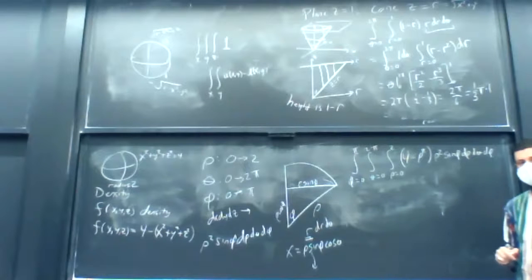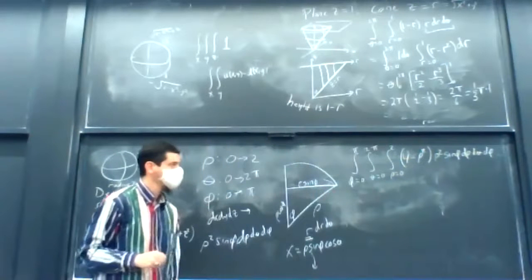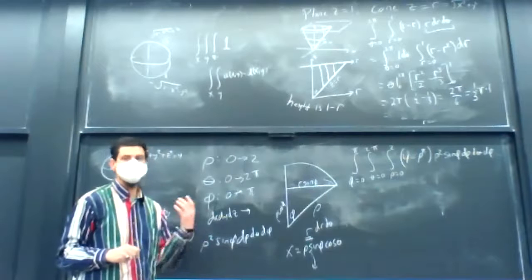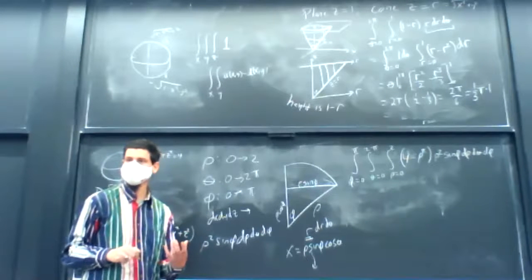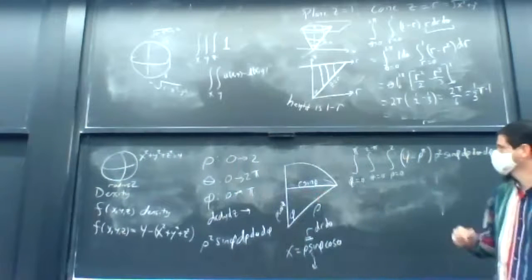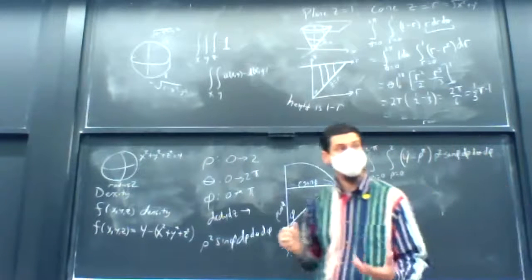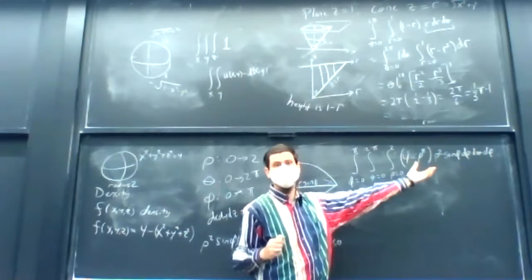As you start to get more comfortable with the integrands and the integration, you can start skipping some steps. Of the 3 integrals, one integral is going to be really nice. What's the integral that's really nice? Is it the rho, the theta, or the phi integral? The theta. There is no theta dependence in the integrand.